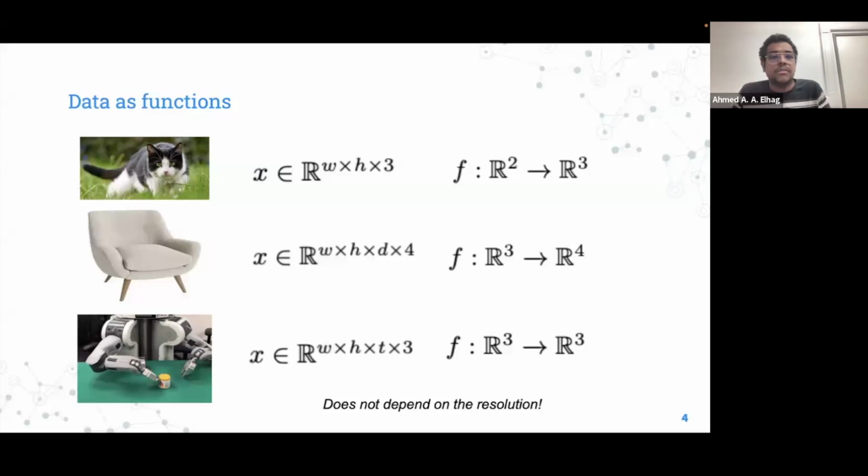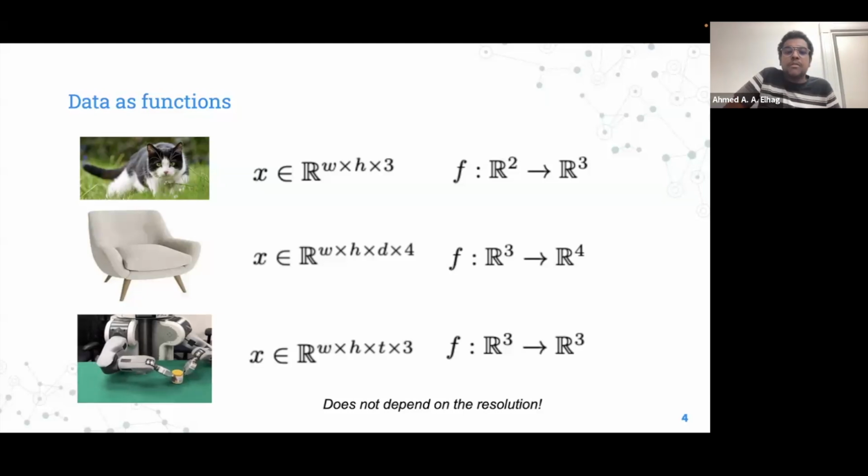In the same way, you have a 3D shape, for example, which is a tensor in R^(W×H×D×4). You have XYZ coordinates, and also you have density, and also you have colors. You can represent this shape as a function going from R^3 to R^4, from XYZ coordinates to RGB colors plus density. It's also like assigning RGB colors to every point in your shape.